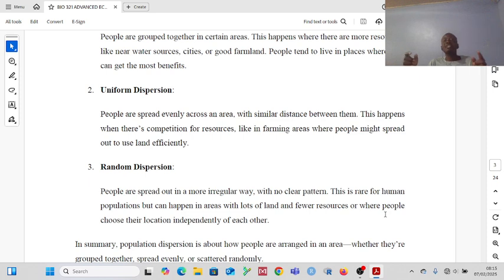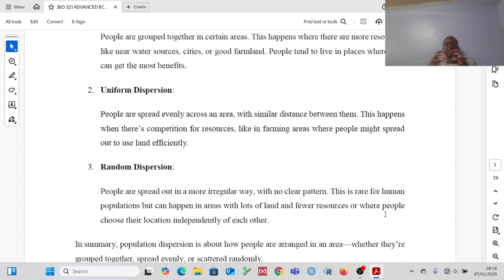Okay, with the clumped, all of you are attracted to a common source, but with uniform dispersion, you sort of move away from your competitor because you want to derive the best from what you have. So you find, for example, in farming areas, people are spread out so that you go to your farm here, you cultivate from here to here, and another person lives there, cultivating from here going forward.